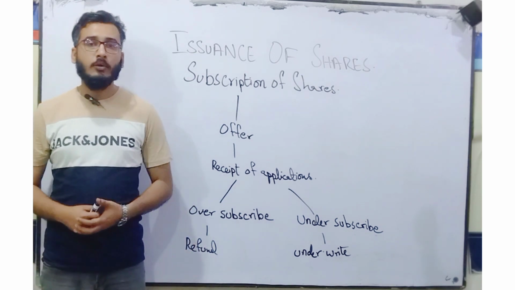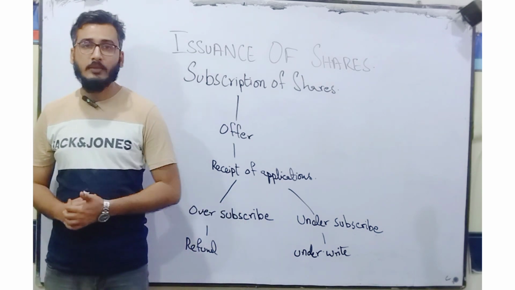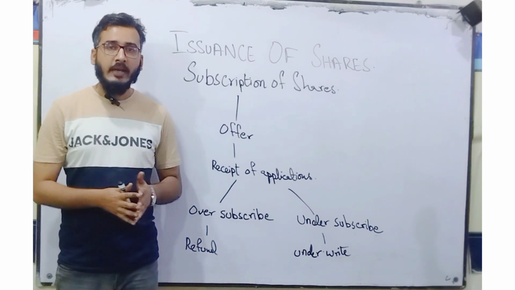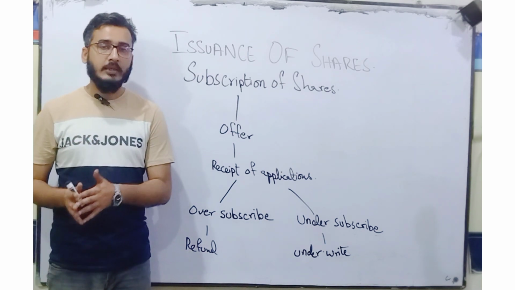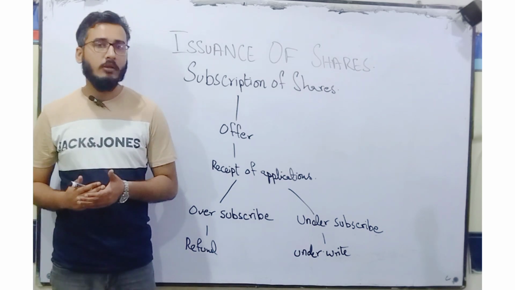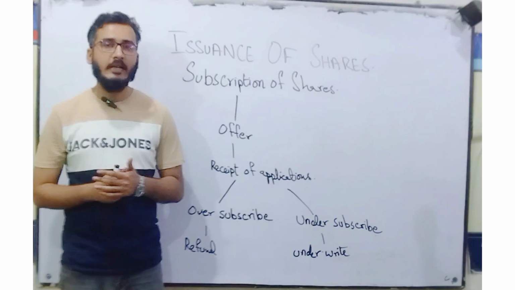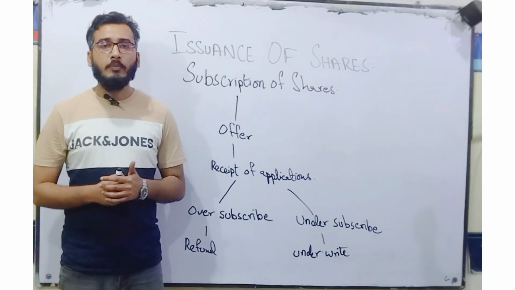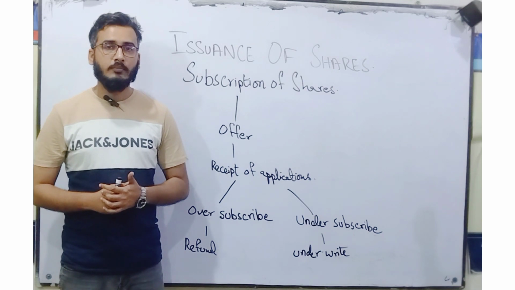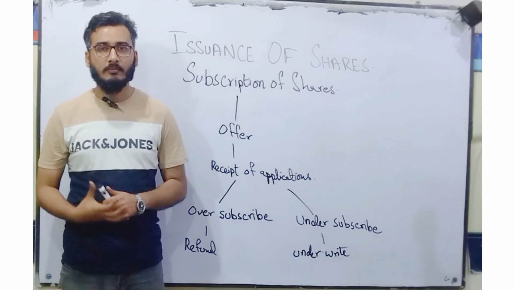Now, what is undersubscribed? Undersubscribed means that the bank has an agreement with the company that if the bank is unable to sell all the applications which it has received from the company, then the bank will buy the shares by itself. Now let us move to the cases.